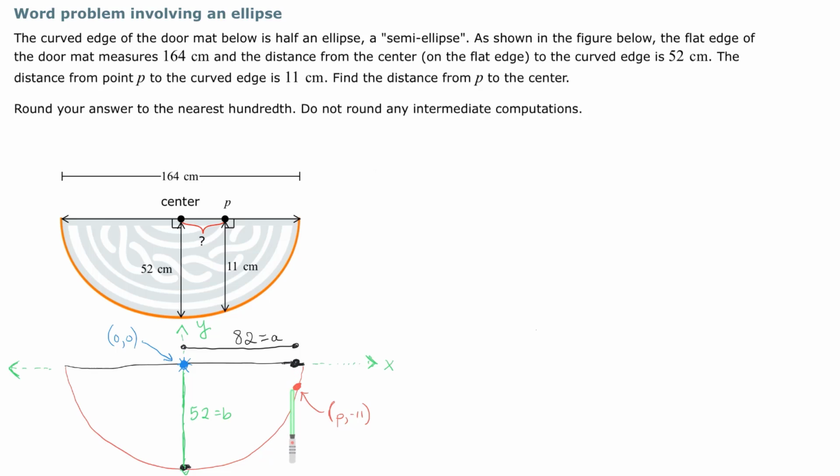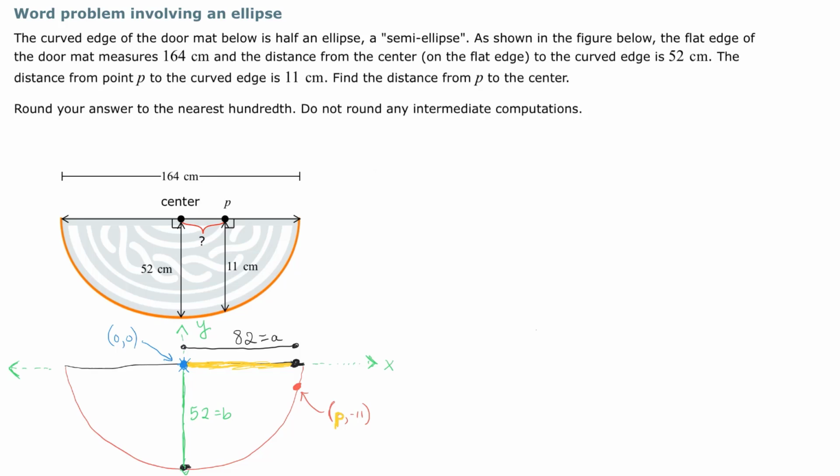So that is going to be the distance p right here. From here to here is p. This is what we're looking for. Why don't I highlight it in yellow? This distance here is what we're looking for, and that is going to be called p.